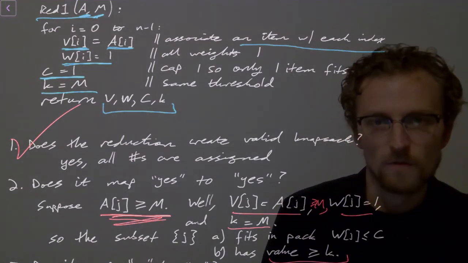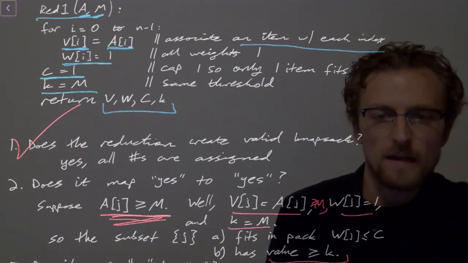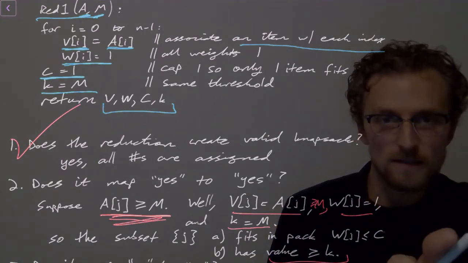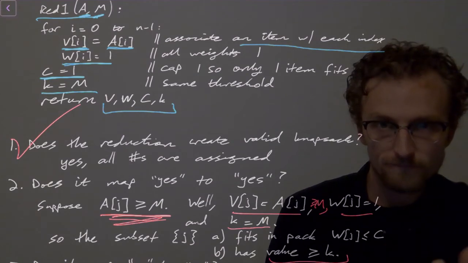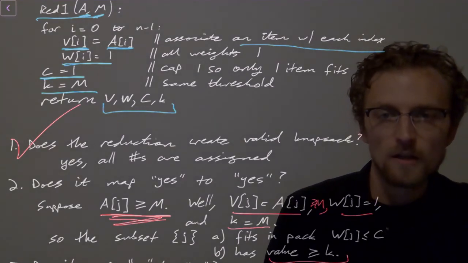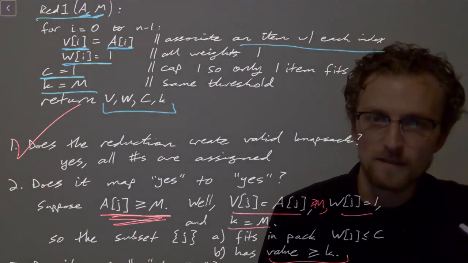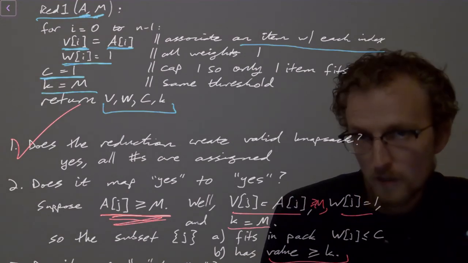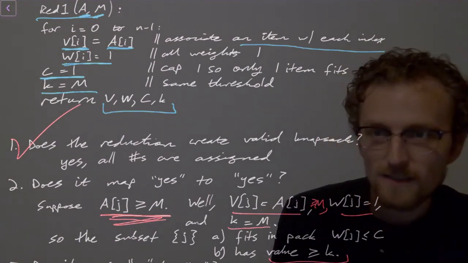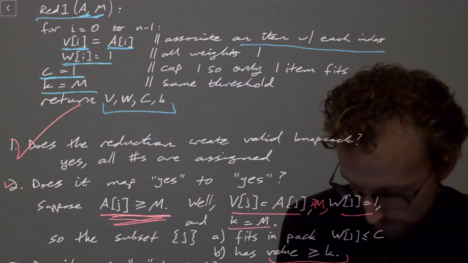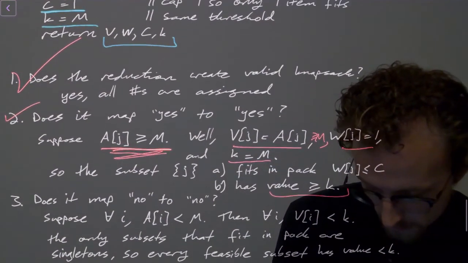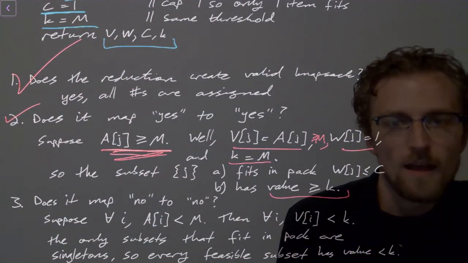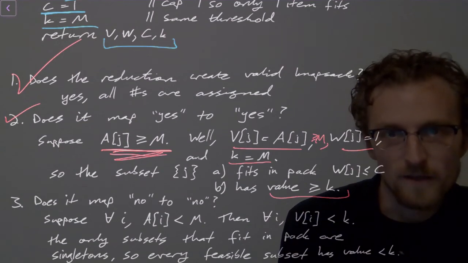Okay, so what do we have? We have that if there is a yes instance of our array search problem, this reduction converts that into a yes instance of our knapsack problem. Okay, so that's question number 2. Question number 3 is exactly the opposite. Does it take no instances and map them to no instances of the knapsack problem?